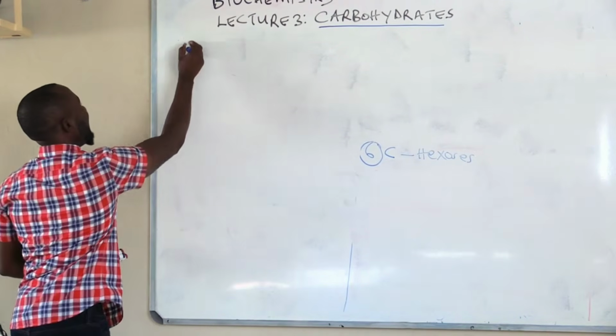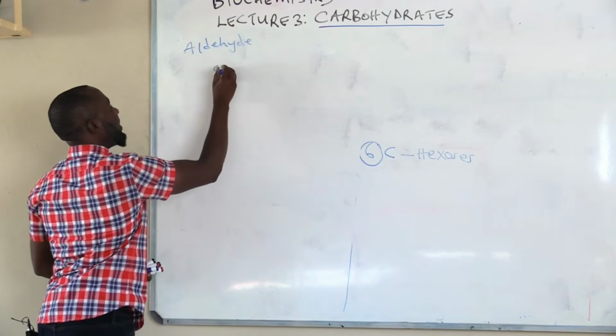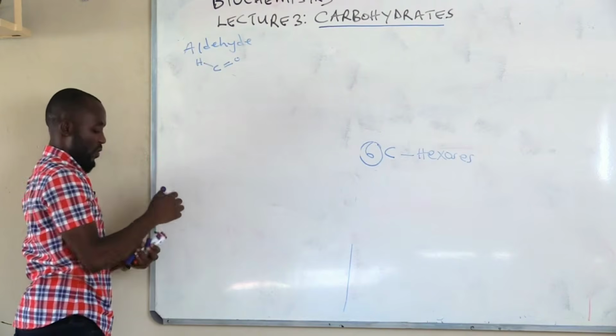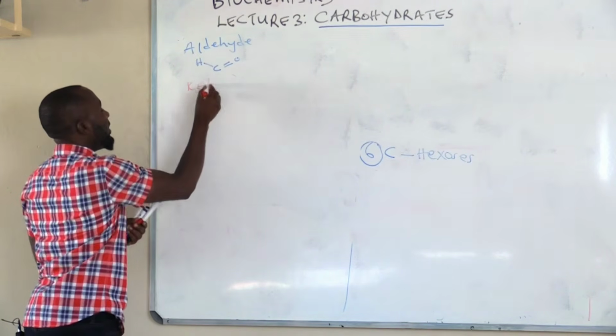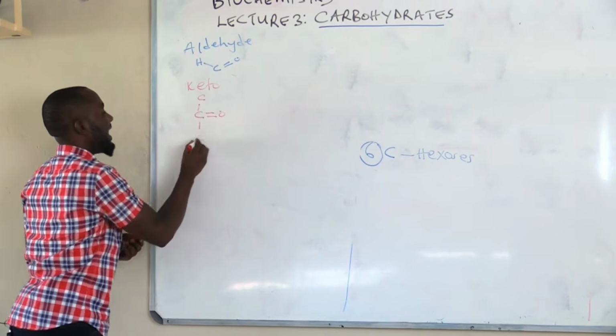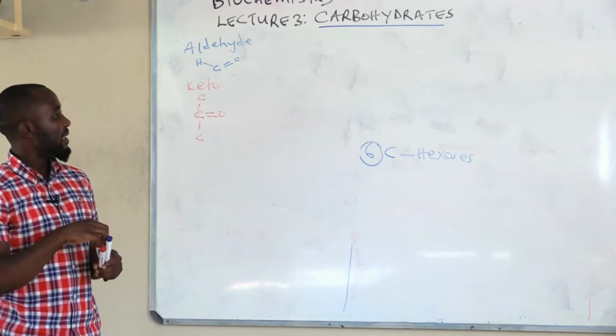Remember, an aldehyde, which we said is carbon double bonded to oxygen, single bonded to hydrogen, or a keto: carbon double bonded to oxygen, single bonded to carbon and another carbon. That's what we should know about hexoses.